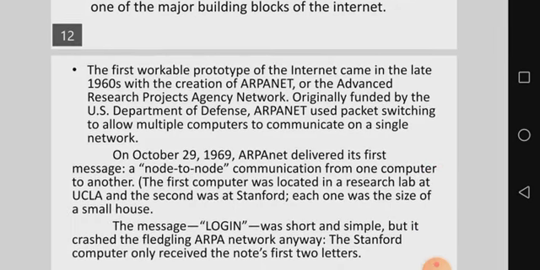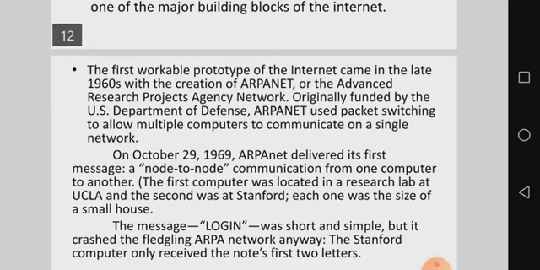The first workable prototype of the internet came in the late 1960s with the creation of ARPANET, or the Advanced Research Projects Agency Network. If you have heard the term Sputnik, Sputnik was the first artificial satellite, launched by the Soviet Union. And you know that America is very jealous of the developments done by other countries.